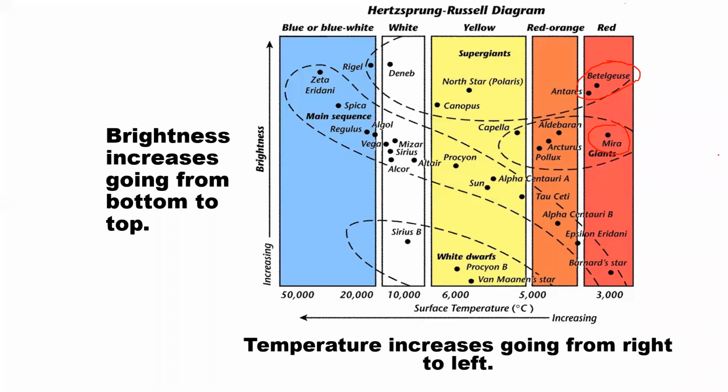Which one's brighter? Betelgeuse is brighter. Okay. Betelgeuse is a little bit closer to the left, so Betelgeuse is actually hotter and brighter. What type of star is Betelgeuse, Chloe? Is it main sequence, giant, supergiant, or white dwarf?